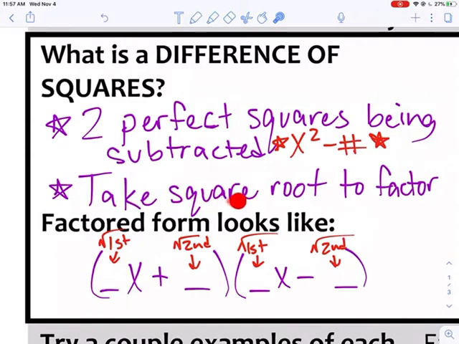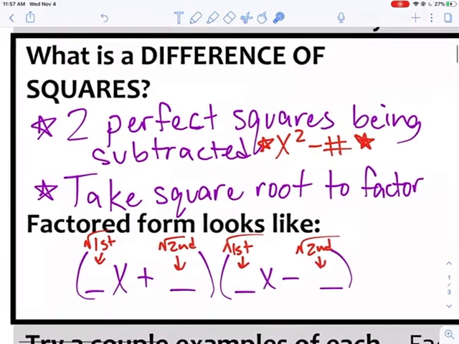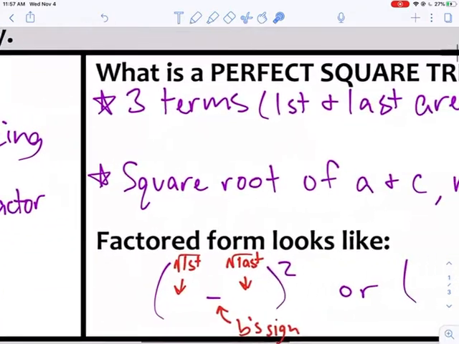And to solve, you're going to simply take the square root to factor. So something like this is going to break down into taking the square root of the first, and that goes into both first positions, and then taking the square root of the second, that goes into both second positions, 1 plus, 1 minus. So you're going to have the exact same factor, just 1 plus, 1 minus. So that's difference of squares.